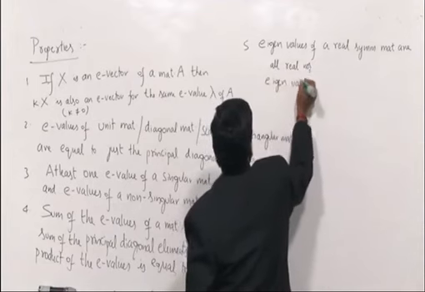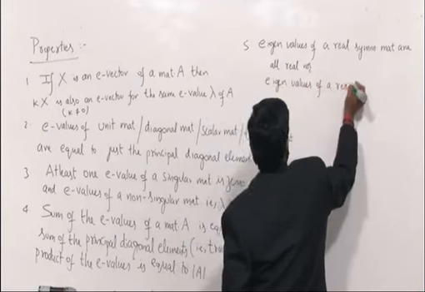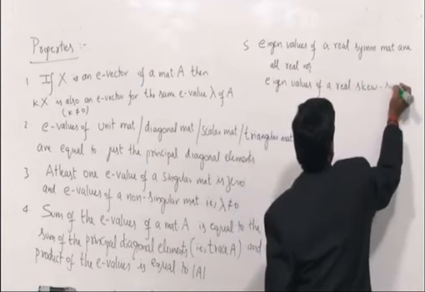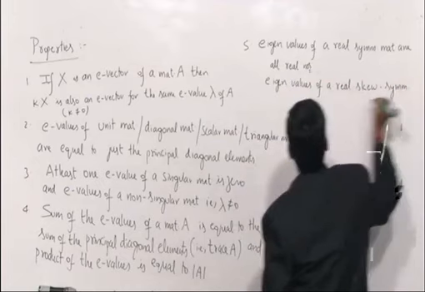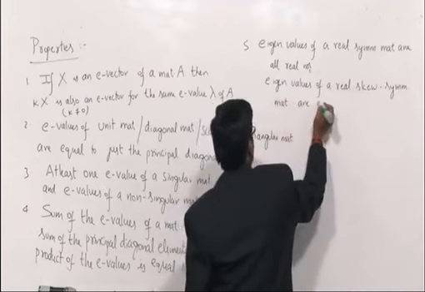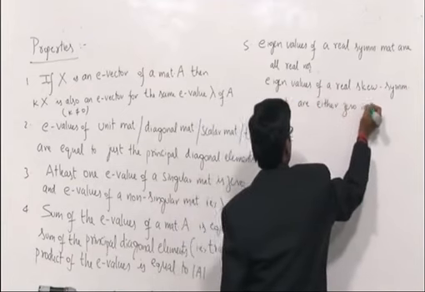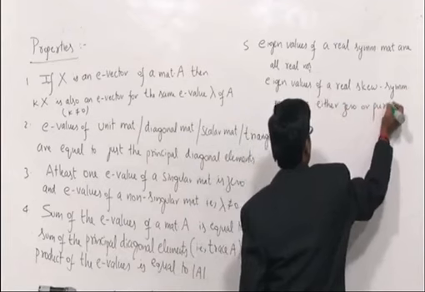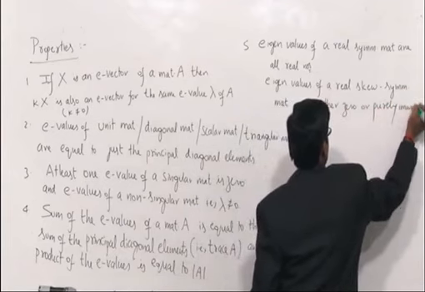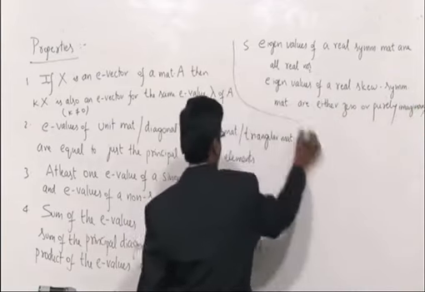Eigenvalues of a real skew symmetric matrix are either 0 or purely imaginary. Purely imaginary.